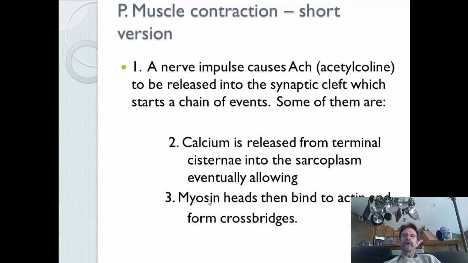So we need acetylcholine to come in. This triggers the release of the calcium. When the calcium is released, it seeks out that actin and that receptor site, frees it for the myosin to come in and form the cross bridge.